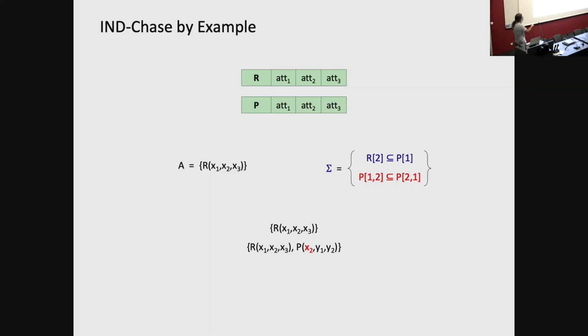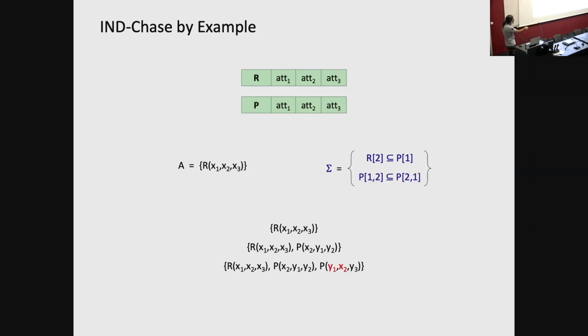Now, after adding this guy, the second inclusion dependency is triggered because I have this P atom, and the inclusion dependency tells me that I need also an atom where in the first position I have y1 and in the second position x2, right? And this is precisely what the chase will do.